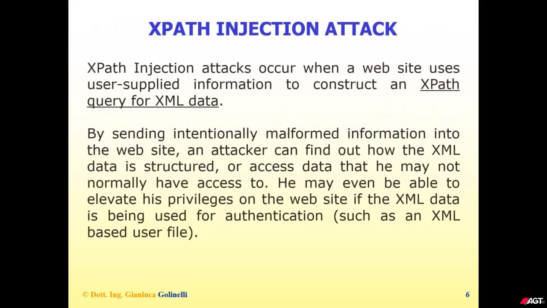In this scenario, the hypothesis is that server-side XPath queries are performed on XML data structures and that there is a lack of user input validation that allows you to create the XPath query server-side.